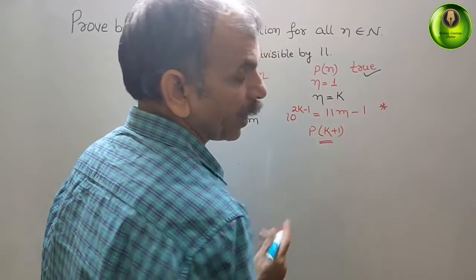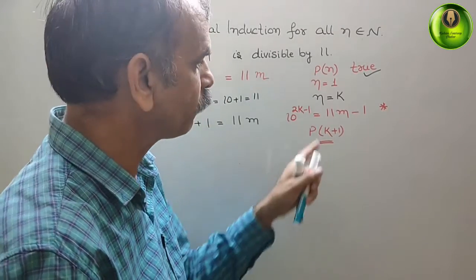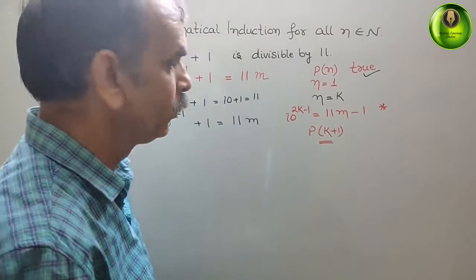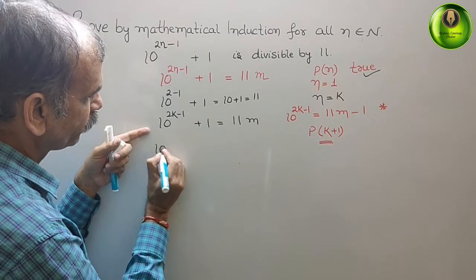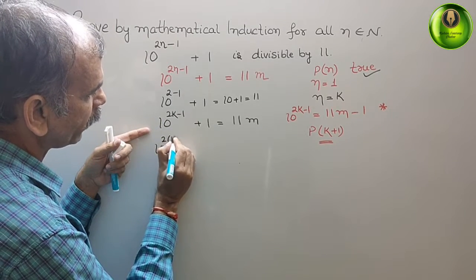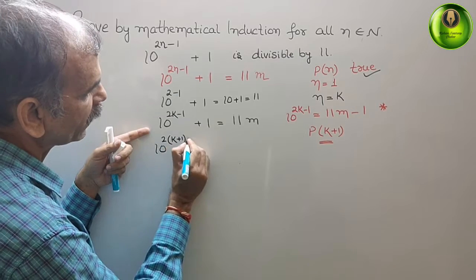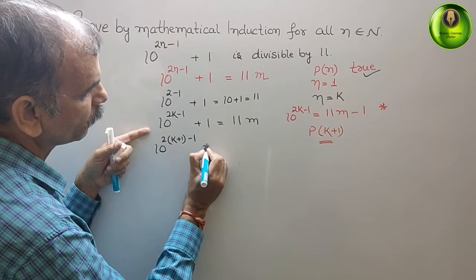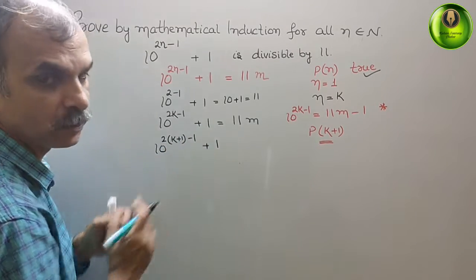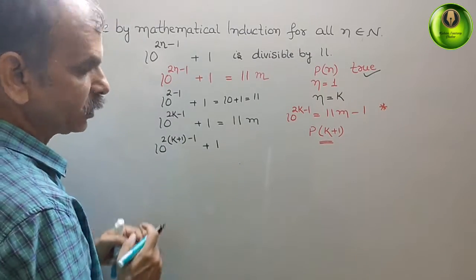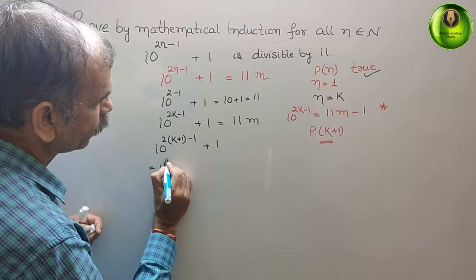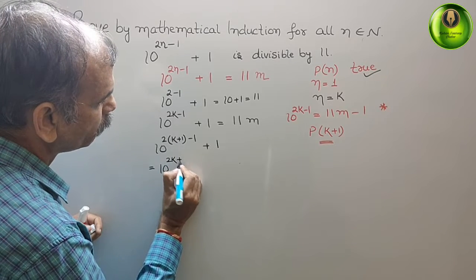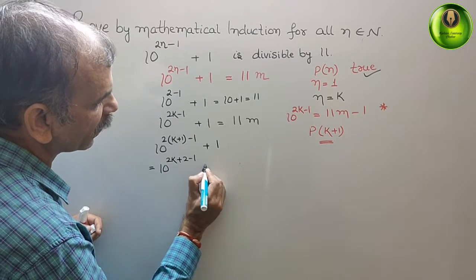What will happen now? Instead of k, you have to put k plus 1. So what will you get here? 10 to the power of 2 into (k plus 1) minus 1, plus 1. Now solve this. You will get 10 to the power of 2k plus 2 minus 1, plus 1.